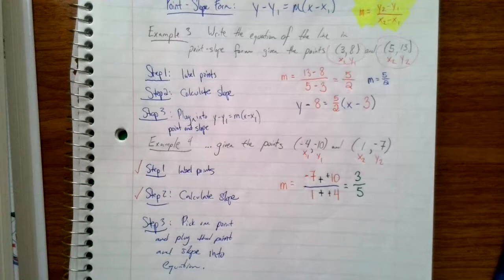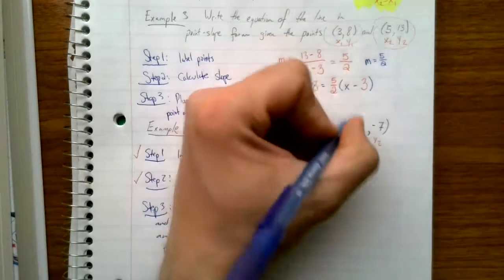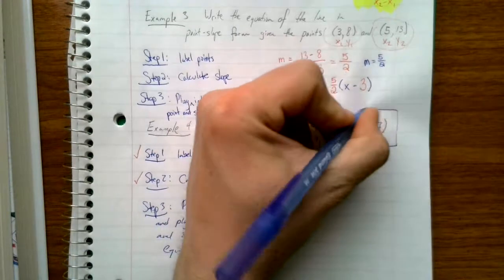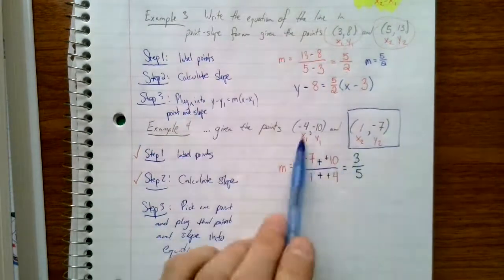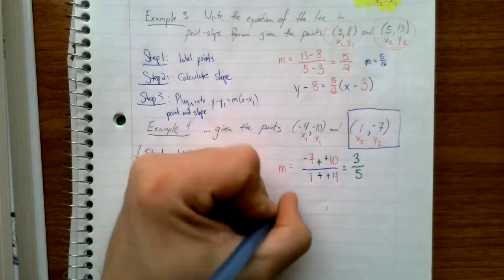So for the last step, we're going to pick one of the 2 points and our slope and substitute it into our formula. So for this example, I figured we'll just pick the second point to emphasize the fact that I can pick either one of these to plug into the equation.